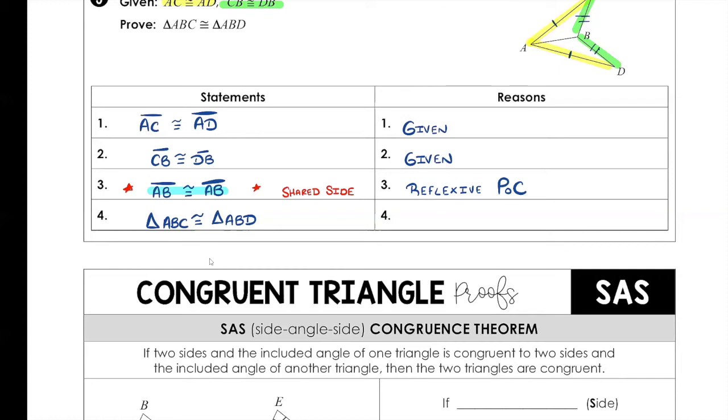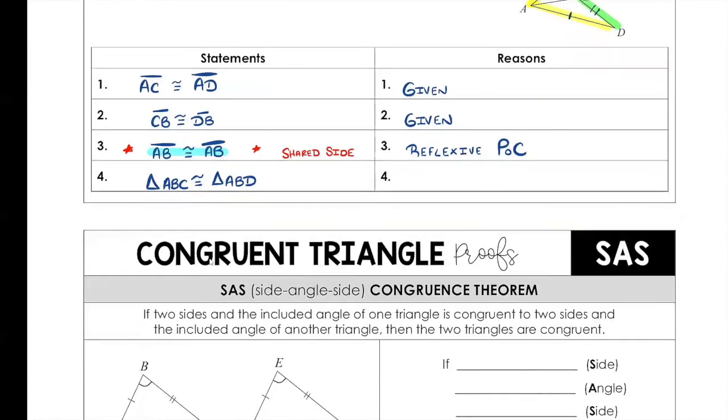You will see reflexive shared side over and over. So how do we know those two triangles are congruent now? Side, side, side postulate. Shared side is always reflexive.